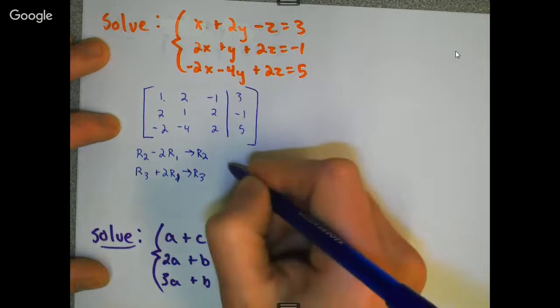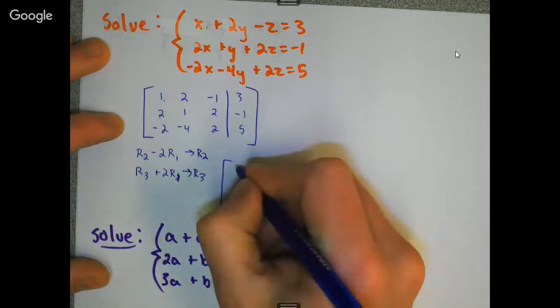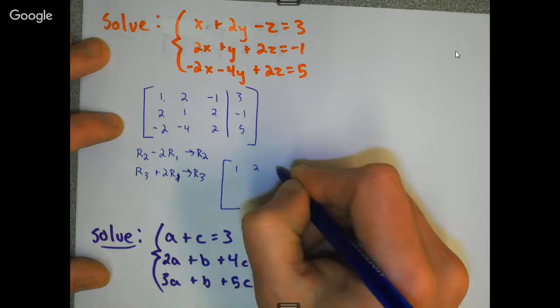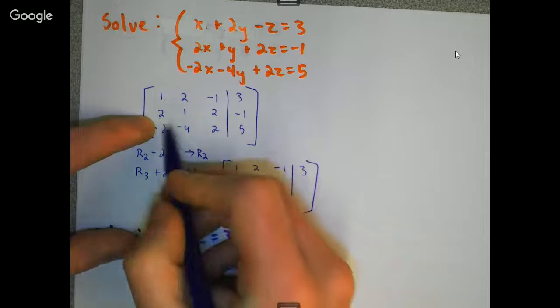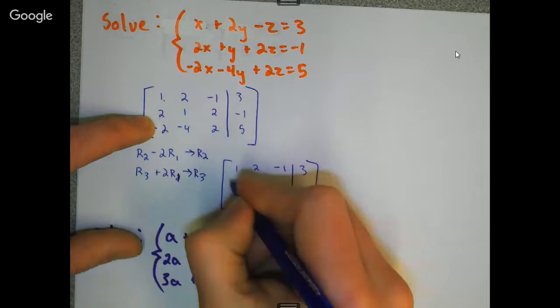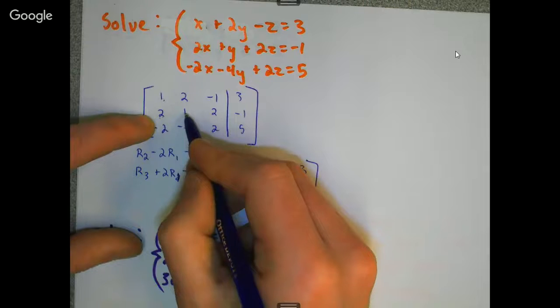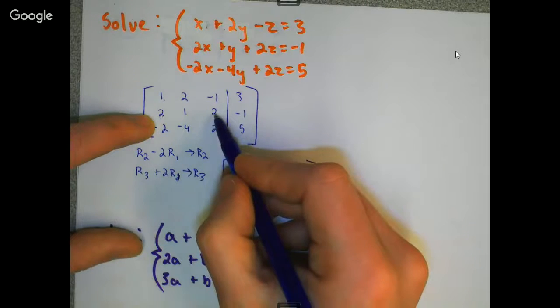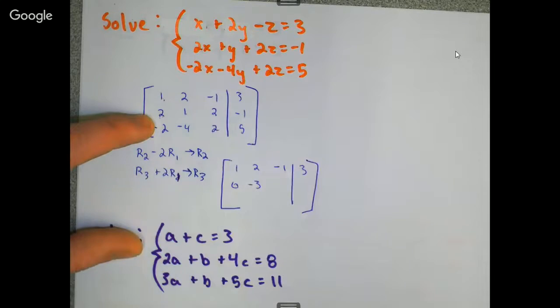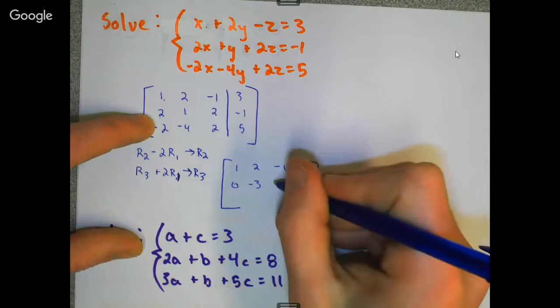Okay, so kind of do that over here. So row 1's fine. Okay, so this one minus double this one. So that's a 0. That's 1 minus 4, which is negative 3. That would be 2 minus negative 2, which is 4.